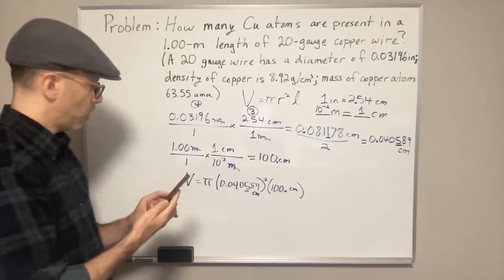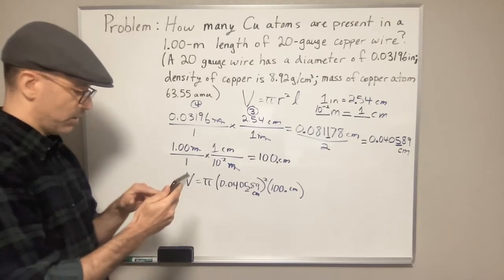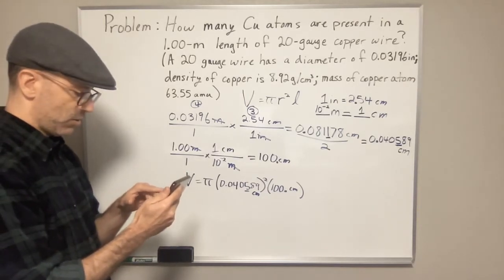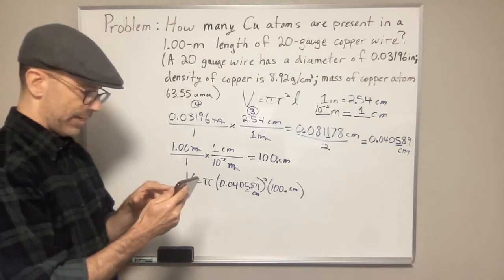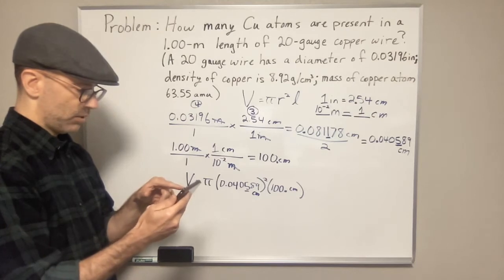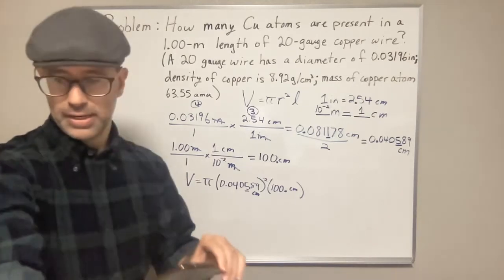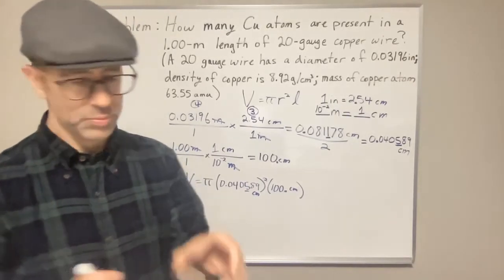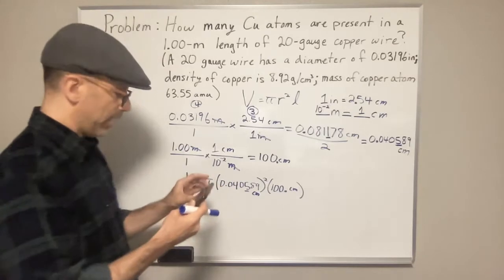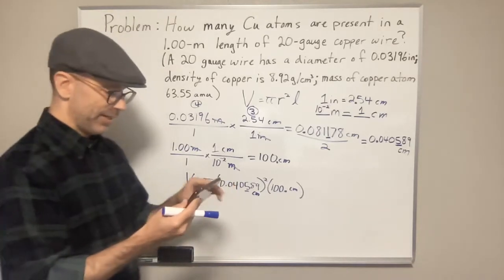So now all I need to do is calculate. So multiply 100 times 0.040589. I'm going to square that. Equals, and I get, oops, I forgot pi. Can't forget pie. Everyone loves pie.